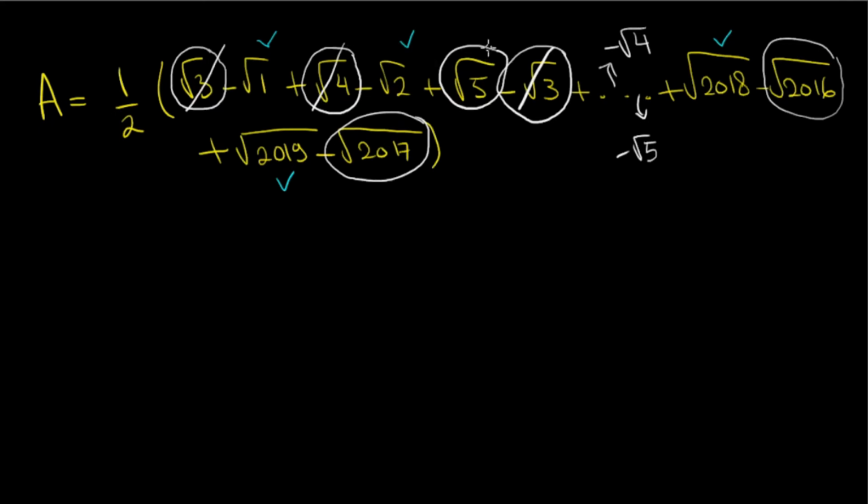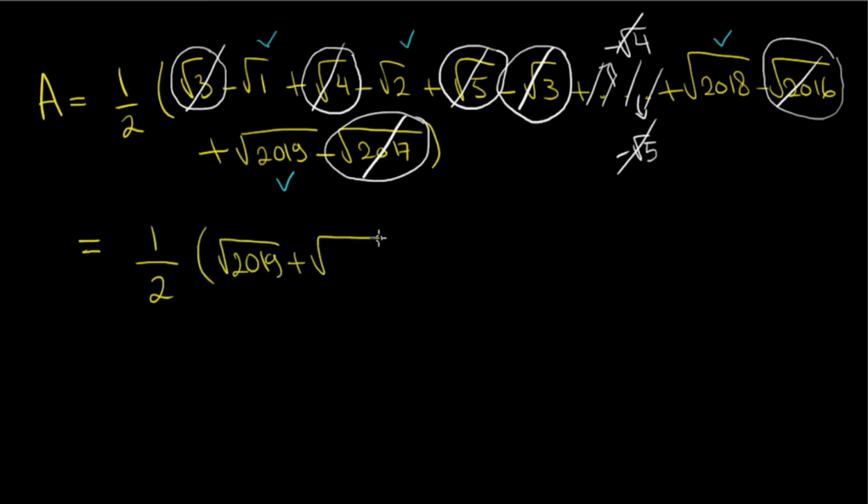So we get all cancelled here, and a is equal to half times square root of 2019 plus square root of 2018 minus square root of 1 minus square root of 2.